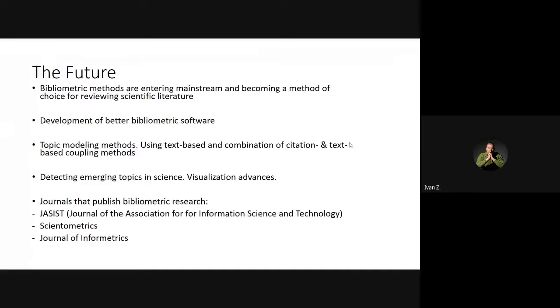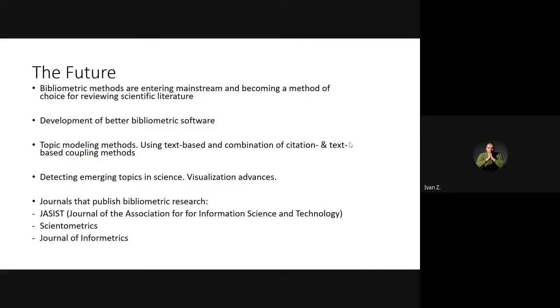Now, the future. Bibliometric methods have actually entered the mainstream. Nowadays you can see really a lot of bibliometric reviews of scientific literature. When I was writing the article on the analysis of bibliometric methods, there were just, I think, 90 studies published. That was in 2000. Now there are literally hundreds of bibliometric studies.